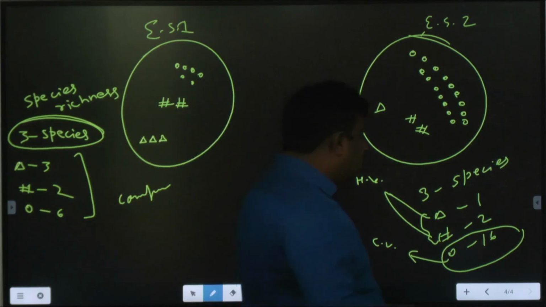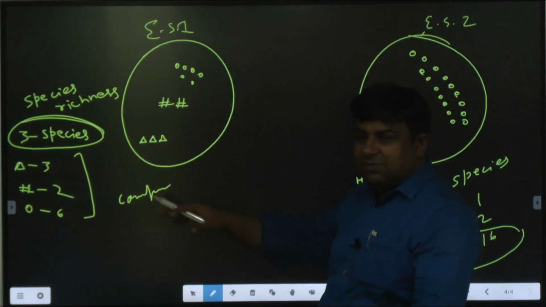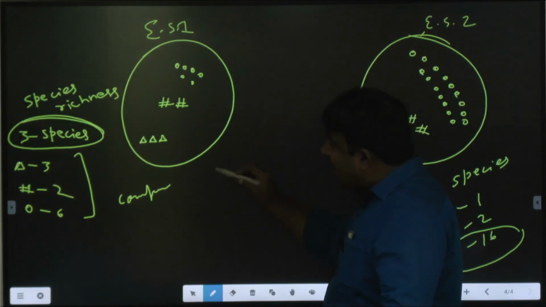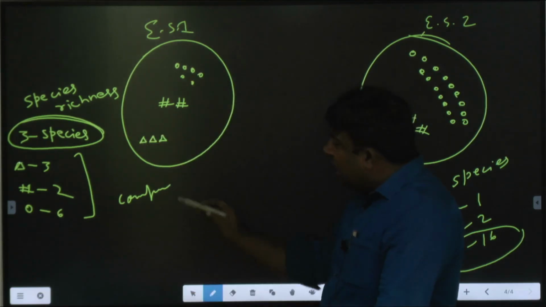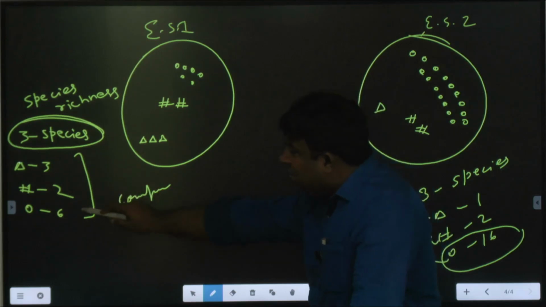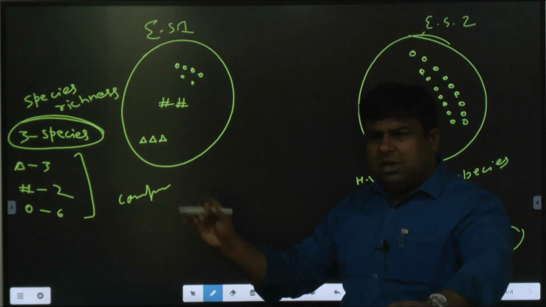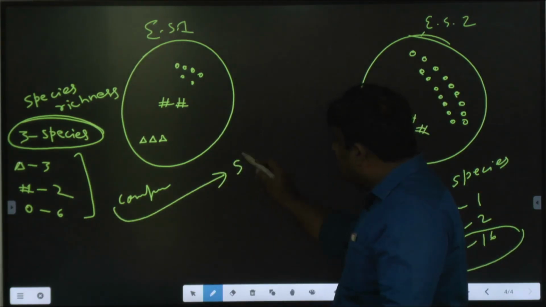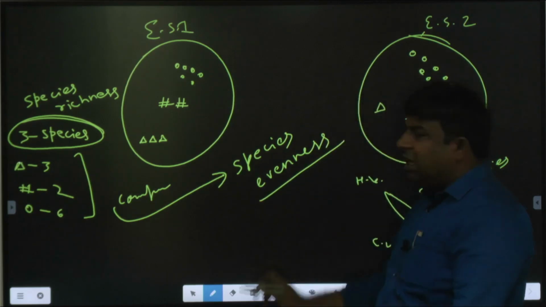And when we will try to compare the population of present species among each other, so related to that dimension, as far as first ecosystem is concerned, as you are noticing कि population of all these species are comparable of each other. Comparable means very close of each other. This condition is treated as the condition of species evenness.